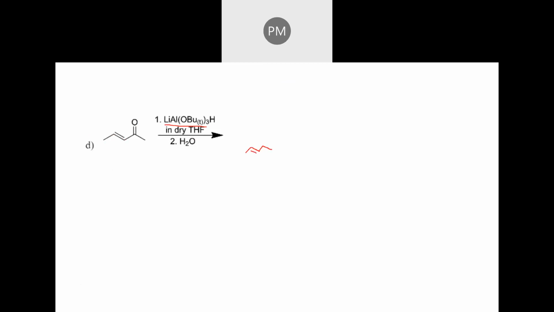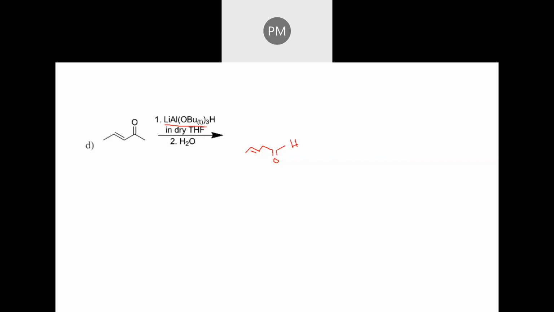The double bond is here. 3, 1, 2, 3. So this becomes an aldehyde.